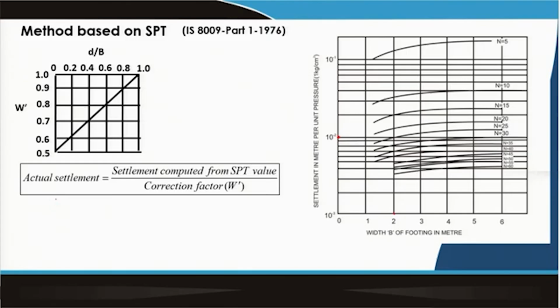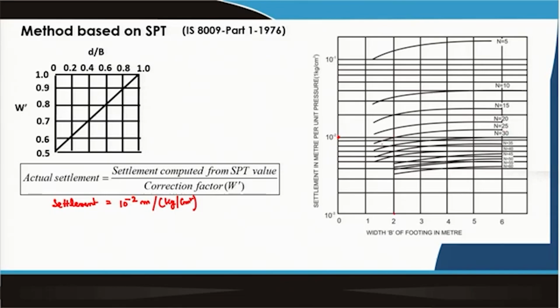So, the settlement that we are getting is 10 to the power minus 2 meter per kg per centimeter square. So, for 1 kg per centimeter square loading intensity, the amount of settlement is 10 to the power minus 2 meter from the chart. Because width of foundation is 2 meter and N value is 25, this is the 25 line, okay.